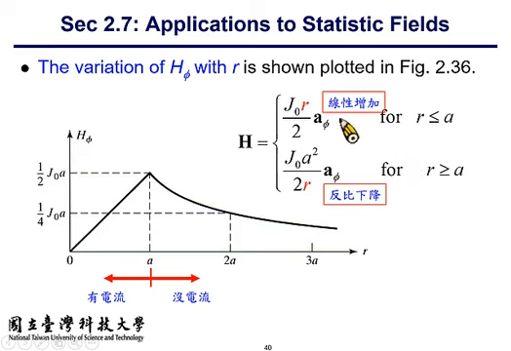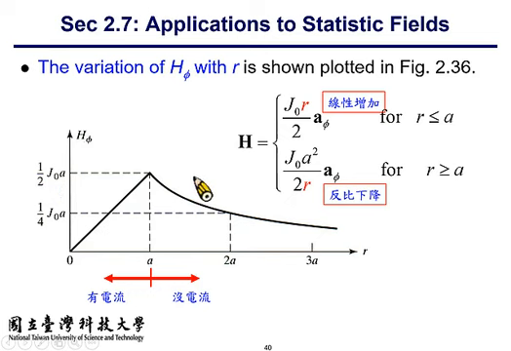So when R is smaller than A, the magnetic field intensity is proportional linearly with R, so you have a straight line that goes from 0 to here. When R equals A, this is simply J sub 0 A over 2, like this.